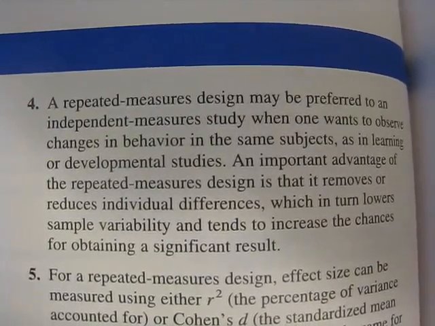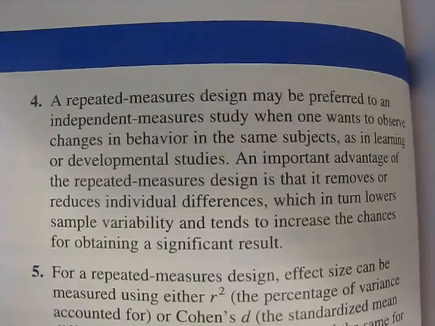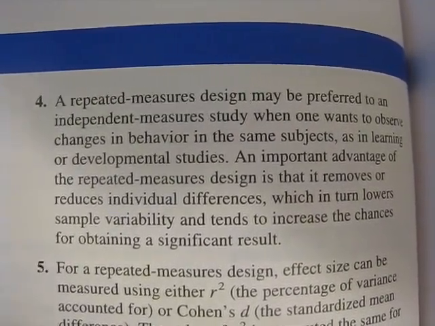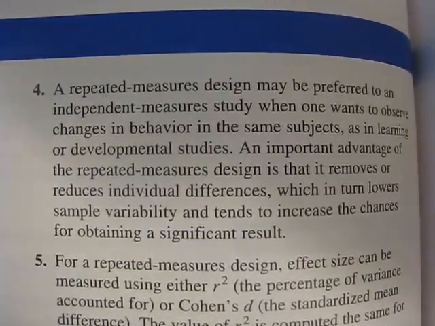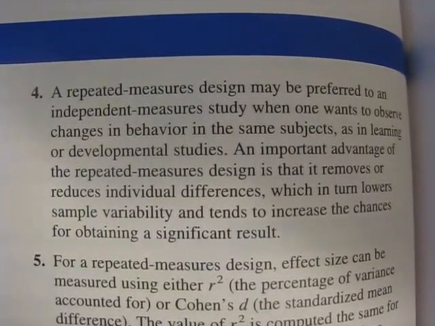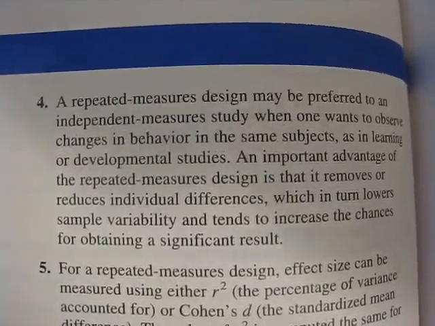Or if it was existing data and there was no way to go back and collect more data, which is the case in a lot of the studies that our class is doing, you would really only be able to do an independent t-test. You wouldn't have the option of related samples or repeated measures design.